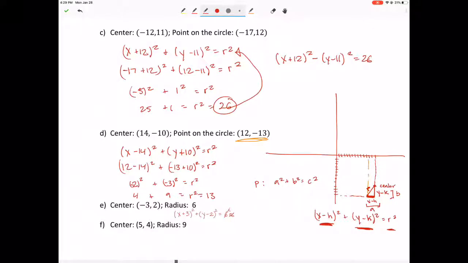So we get the radius squared is 13. All right? And then we would just plug that right in here to our equation, and we get x minus 14 squared plus y plus 10 squared equals 13.